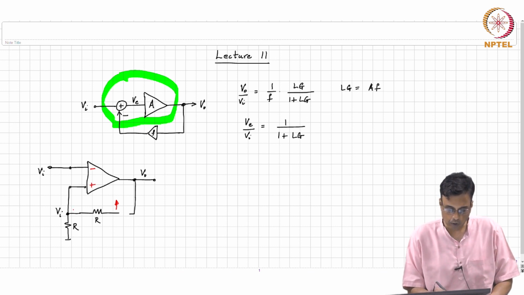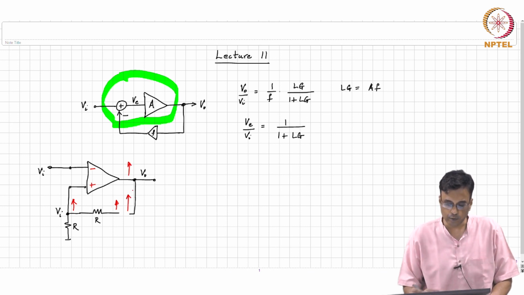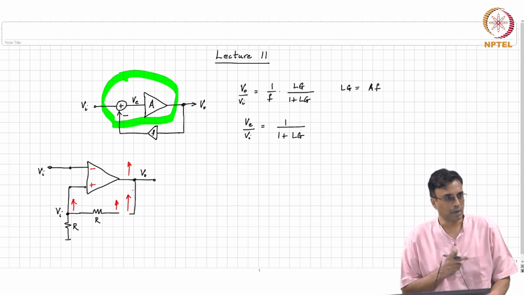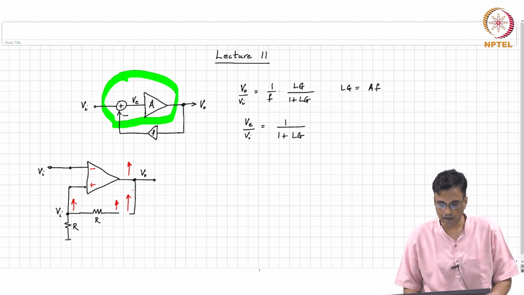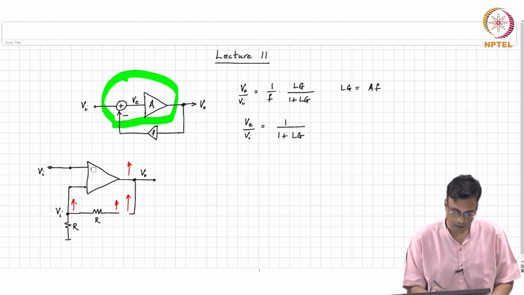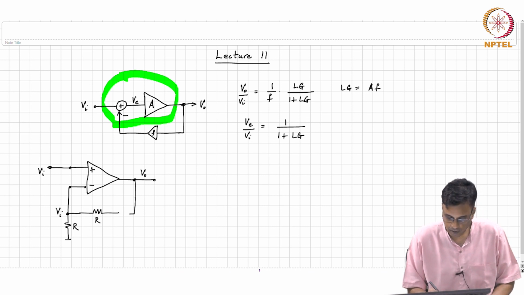If this goes up, that goes up. If that goes up, and for this choice of signs, this also goes up. And so, what comes back is larger than what you put in, and it is in the same direction. So, this is positive feedback, and that is not good as far as making a closed loop amplifier is concerned. So, what should we do? Flip the signs on the op amp. So, that becomes this.